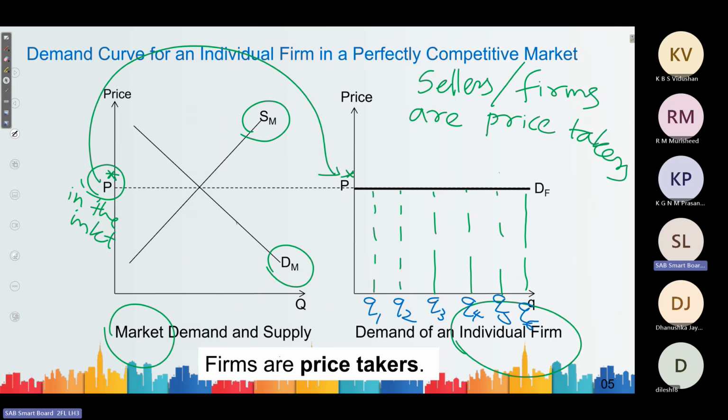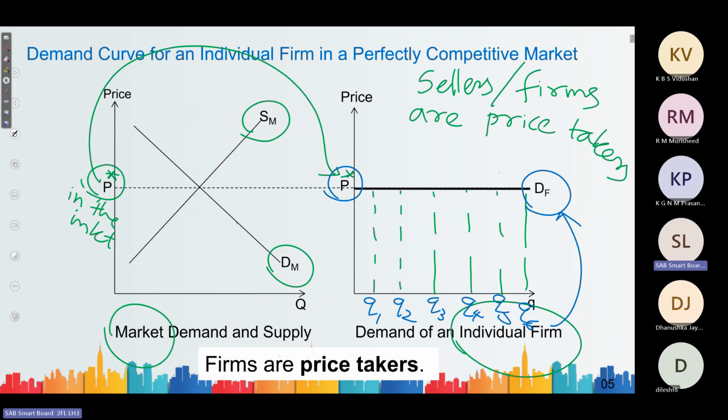They are ready to provide any quantity that they can produce at the price determined in the market. Therefore, the demand curve faced by this individual firm is a horizontal line.